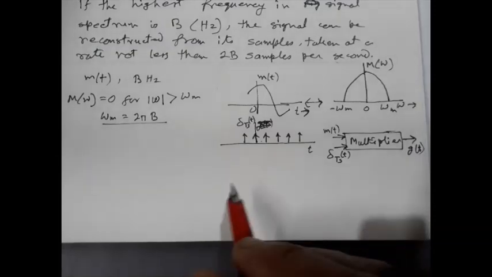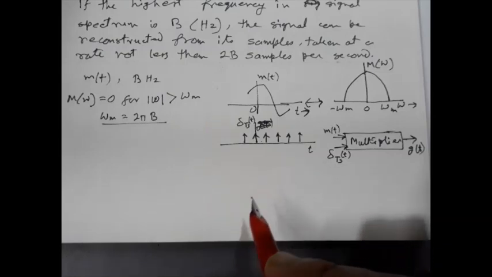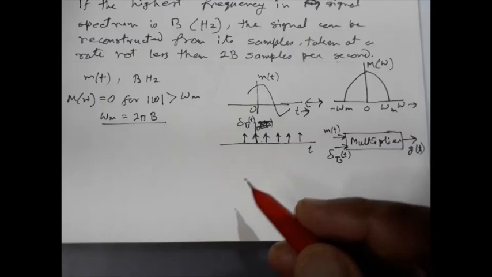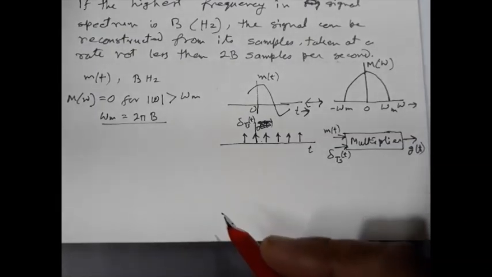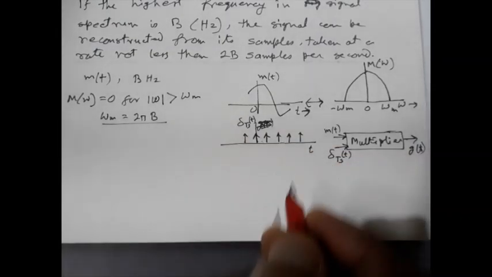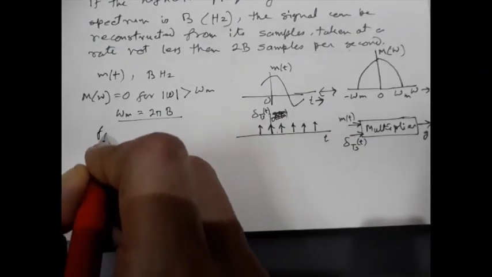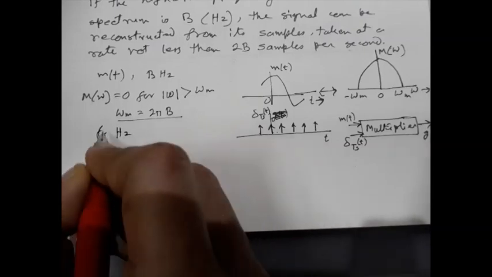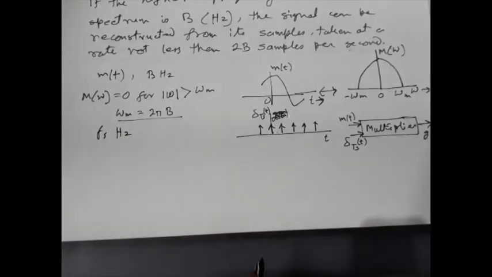So a continuous time signal m(t) we have to convert into the discrete domain. The sampling of m(t) is done at a rate of, say, Fs hertz. Fs is the sampling frequency. That may be achieved by multiplying m(t) by an impulse train delta Ts.